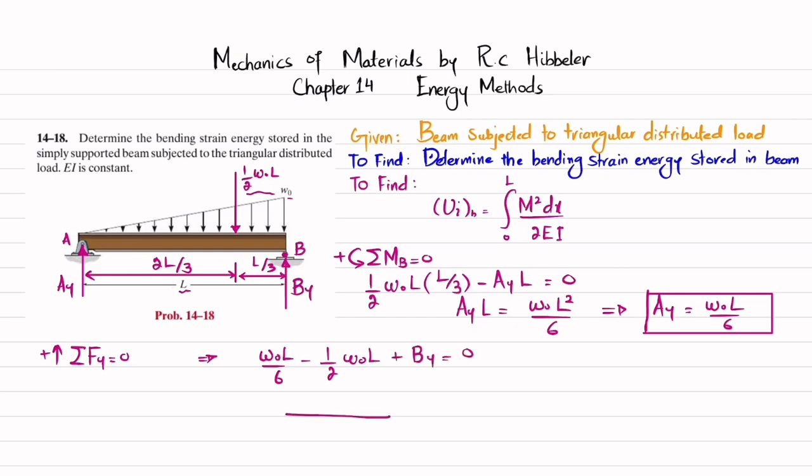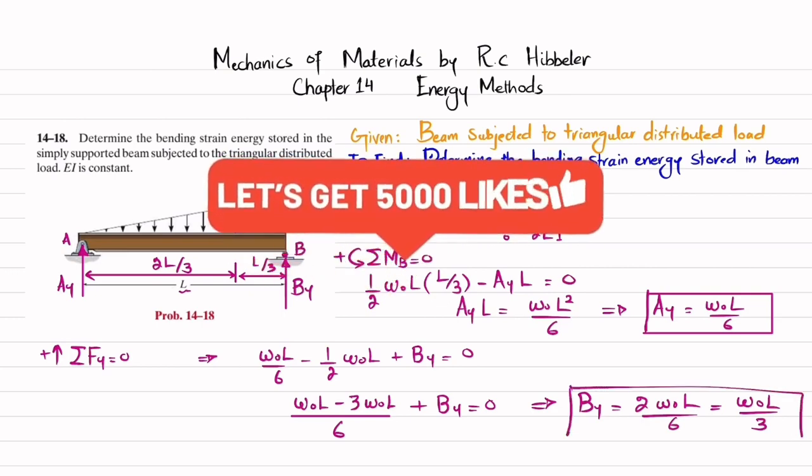Taking the LCM, which is 6: 6 divided by 6 is 1, and 1 multiplied by W0 L gives this term. Similarly, 6 divided by 2 is 3, so 3 into minus 1 is minus 3 W0 L, plus BY is equal to 0. So BY will be equal to 2 W0 L over 6, or simplified, W0 L over 3. This is the value of BY.